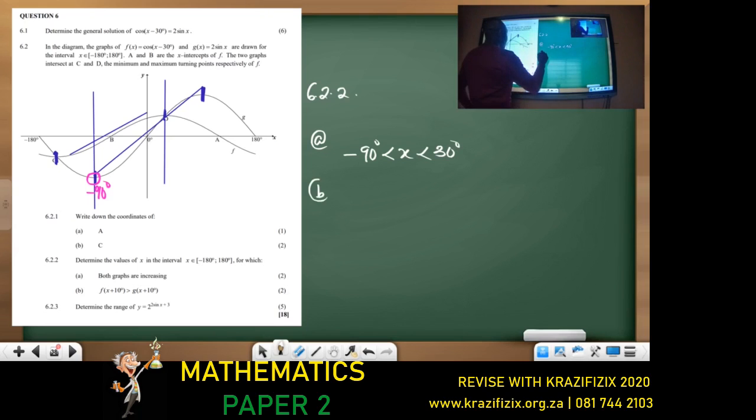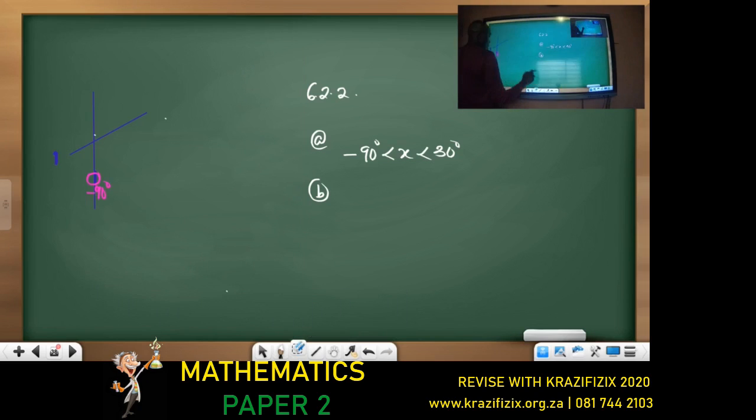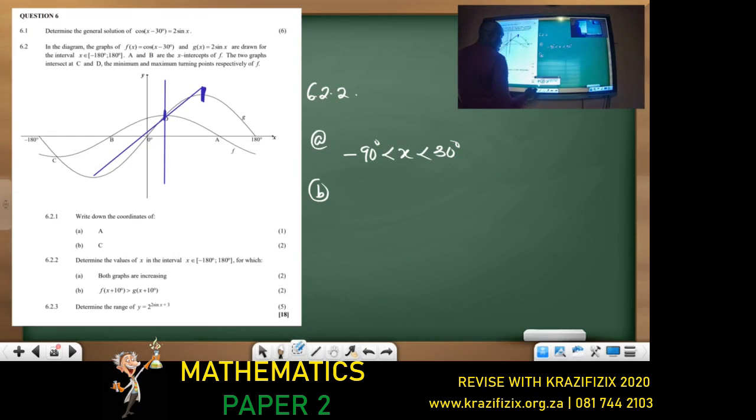B, f(x plus 10) is greater than g(x plus 10). So basically we are shifting this graph 10 units to the left. Now let's check something. Where are these graphs greater than each other? Let me quickly erase this. Oh no, I'm erasing the wrong thing. Let me take this out.